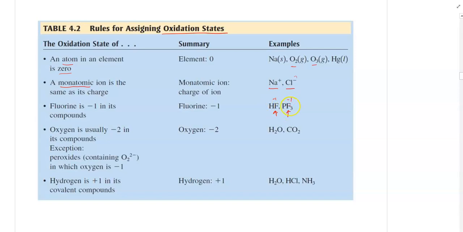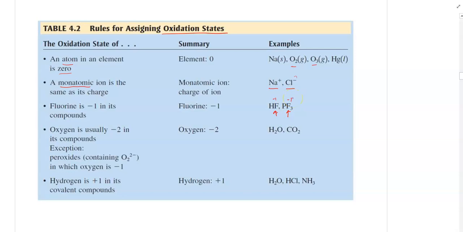Nonmetals don't have ions. These are for regular covalent compounds. And this is where you start to have this weird blend where we use the ionic labels, like charges of +1, -1, and so on, but for covalent compounds. So with fluorine, in this case, it has an oxidation state of -1. It would not be accurate to say that fluorine has a charge of -1.